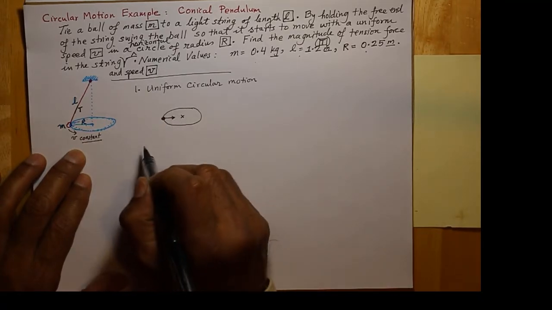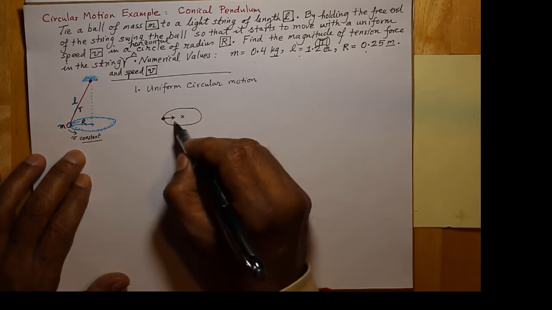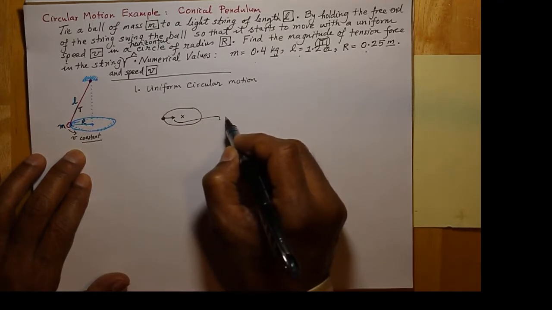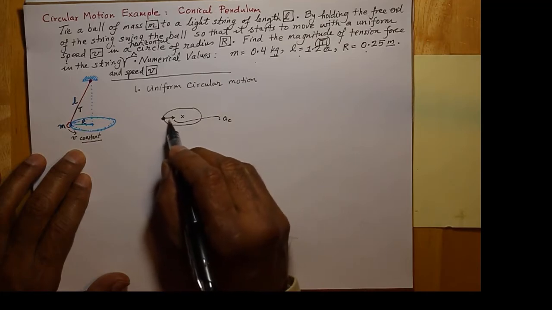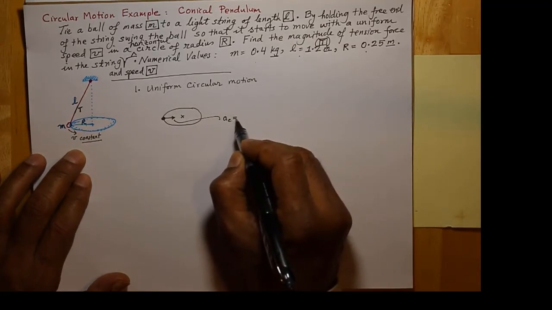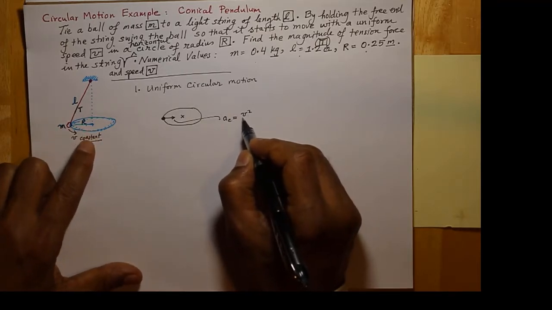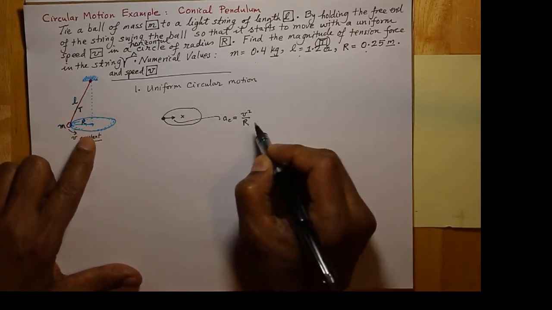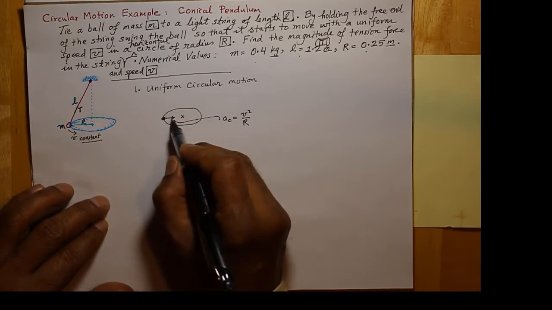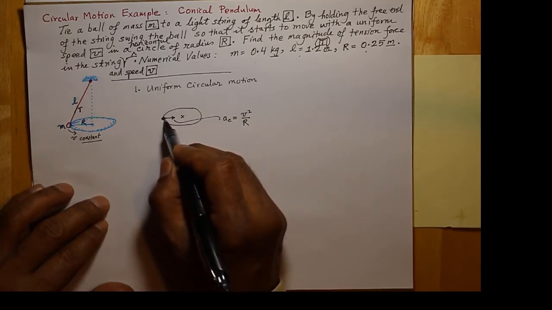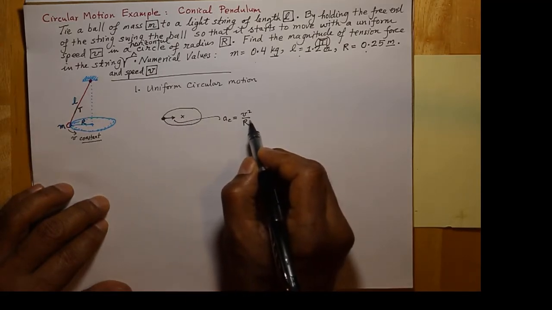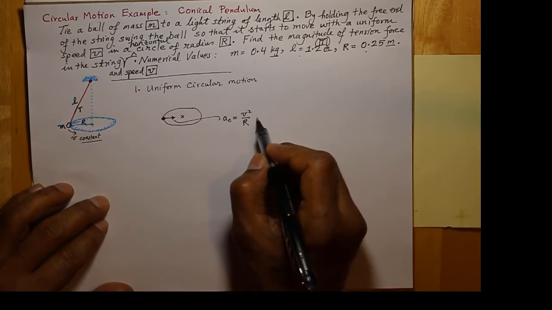That's the net acceleration, which is actually centripetal acceleration. It has a magnitude formula. If the speed is v and the radius of the circle is r, then its direction is that at this point, and the magnitude is v squared over r.